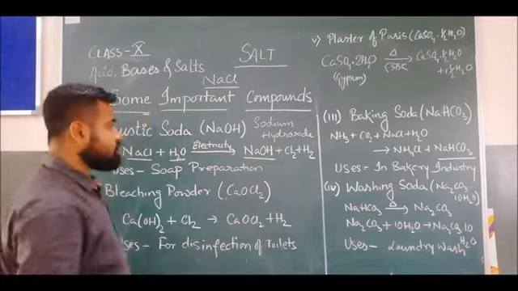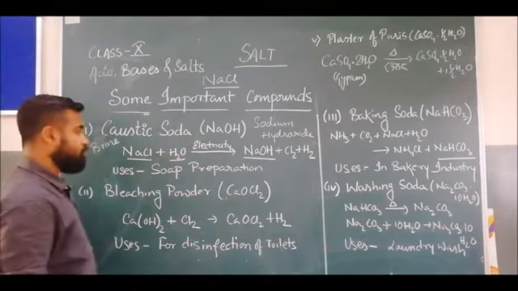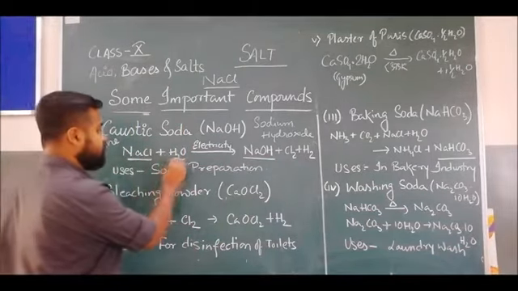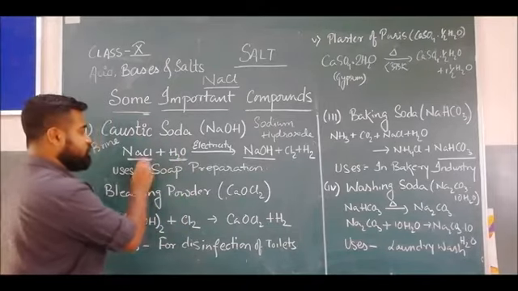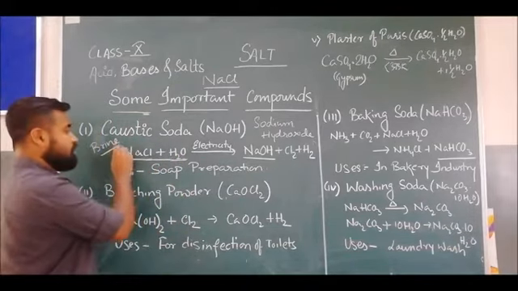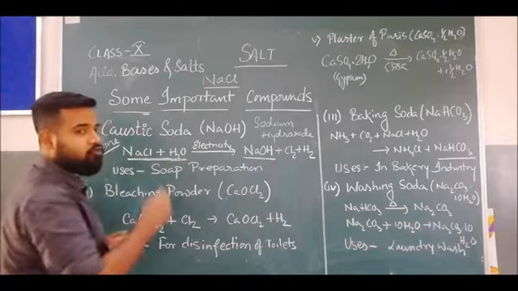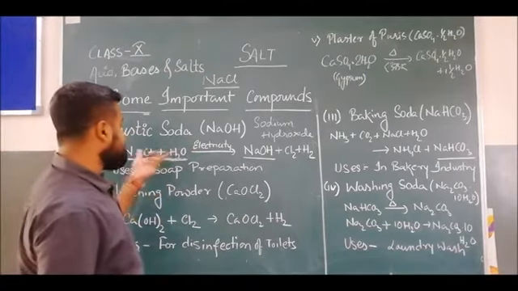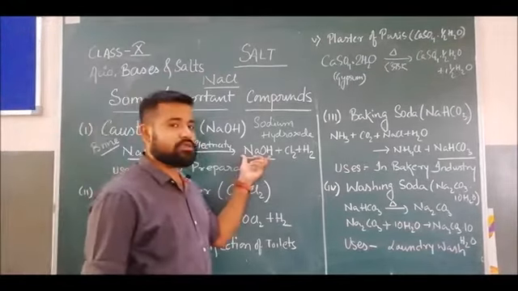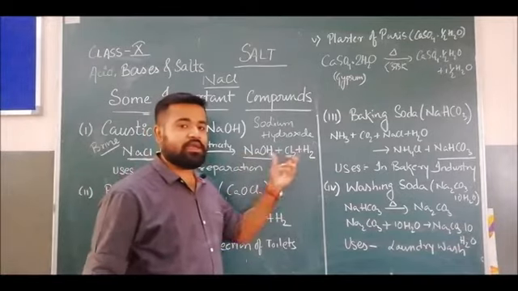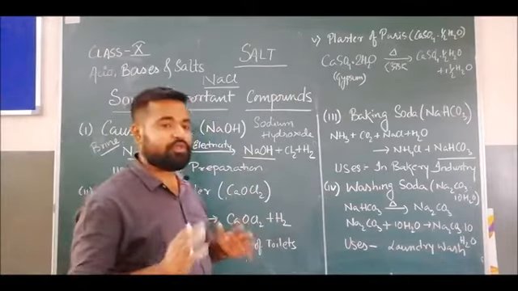What is brine solution? Solution of NaCl in water. So when the electricity is passed through brine solution, we get the caustic soda, and as a byproduct we get chlorine and hydrogen gas.